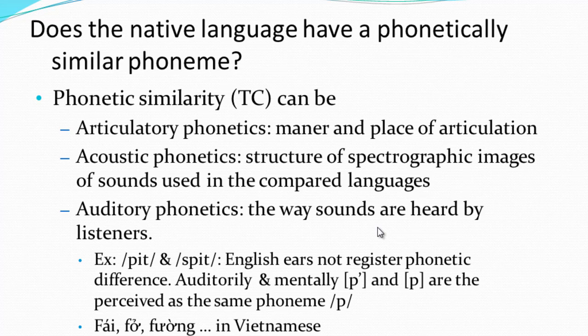Now with this, for example, when we say picked and spicked, when we process these two words, we do not notice the difference. And we do not think that there are differences.